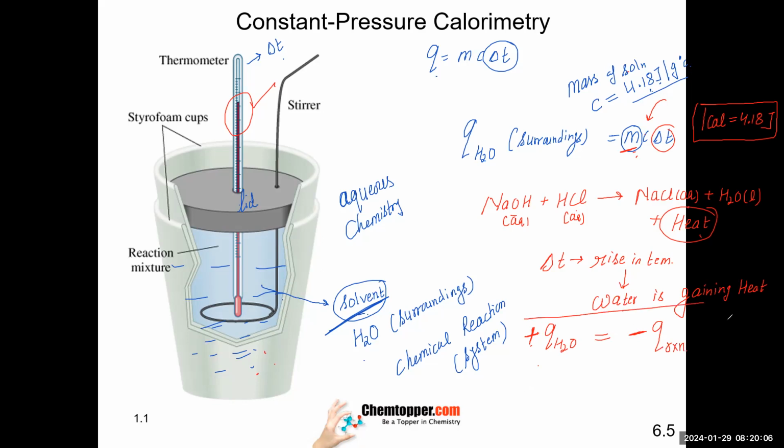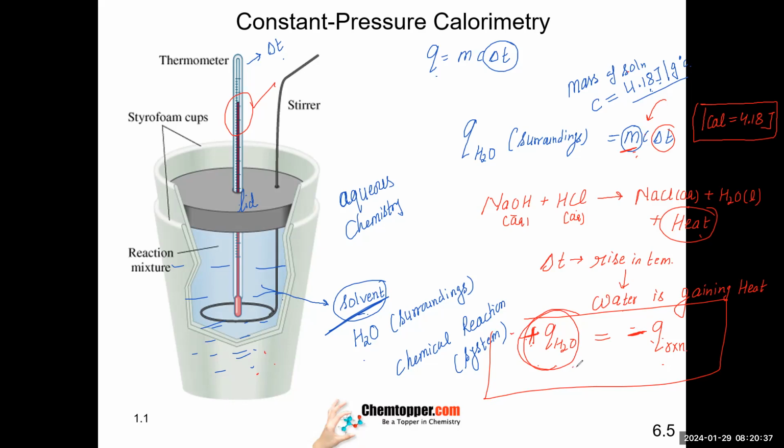Are we okay with this equation? I'm going to use this equation here. Q water, in this exothermic reaction, water is gaining, so there is a plus sign for water and the reaction is losing, so there is a minus sign for this. If I can calculate this, I know Q reaction. They are of opposite sign, one is plus, other is minus always.